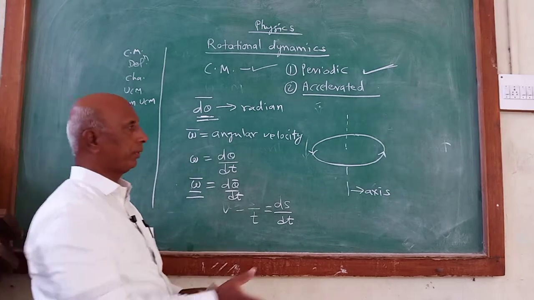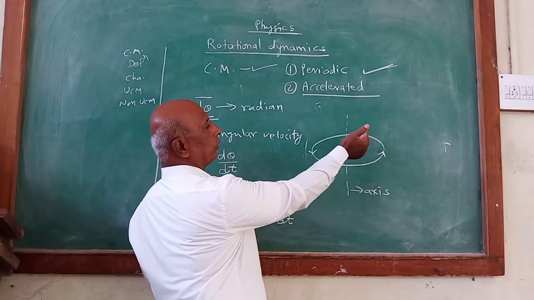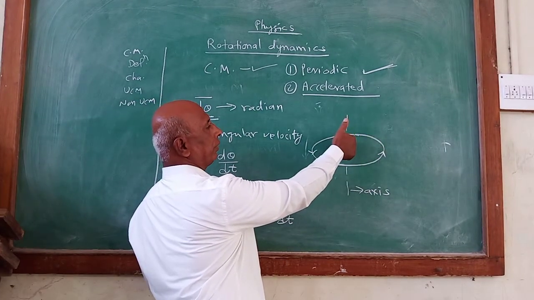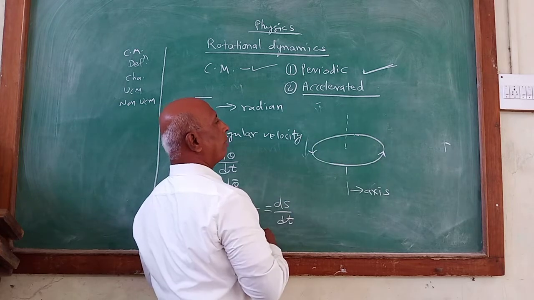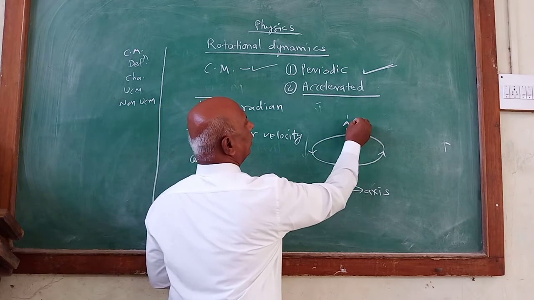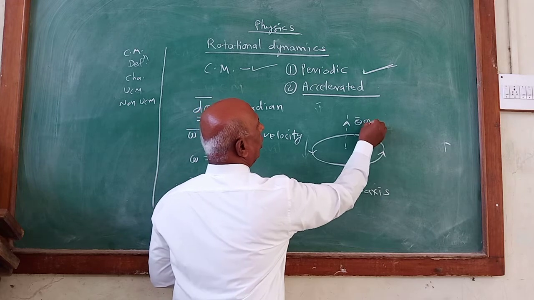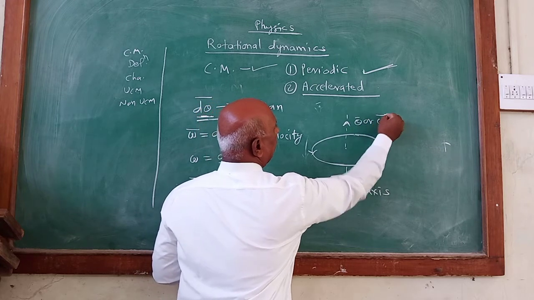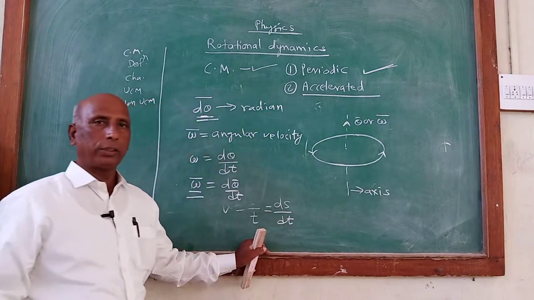Now see here, suppose that the particle is revolving in anticlockwise direction, the thumb indicates upward direction. So here theta bar or omega bar are in upward direction.